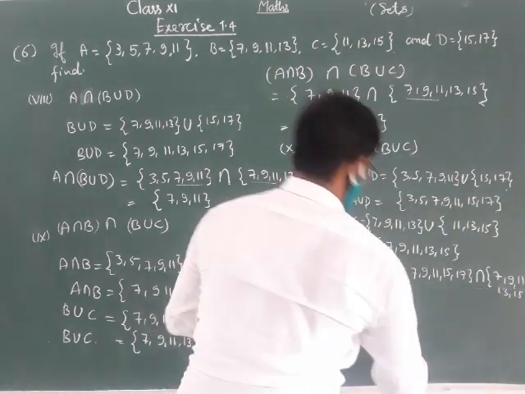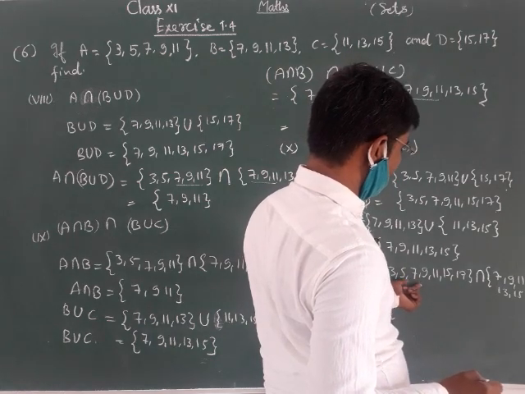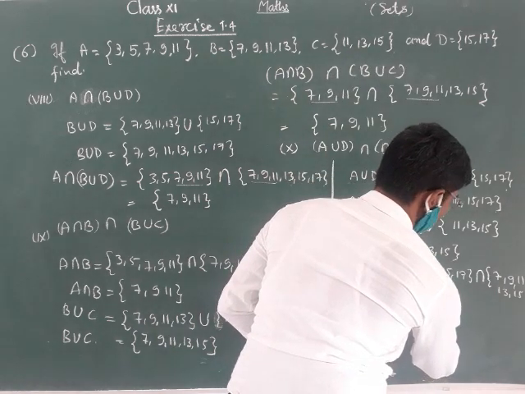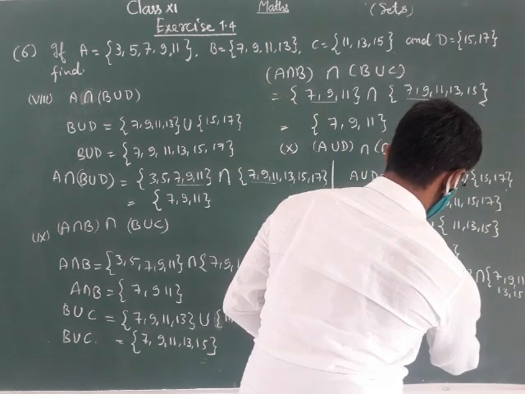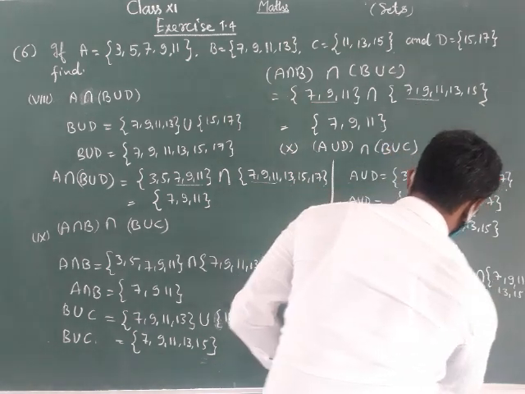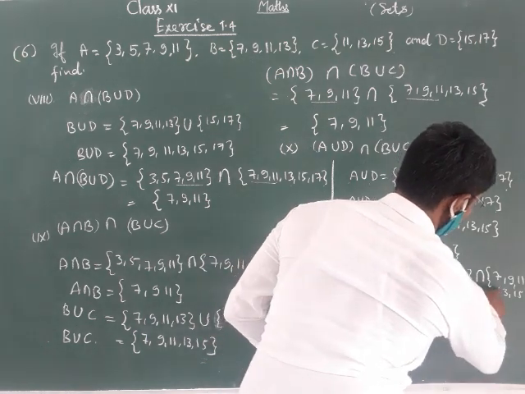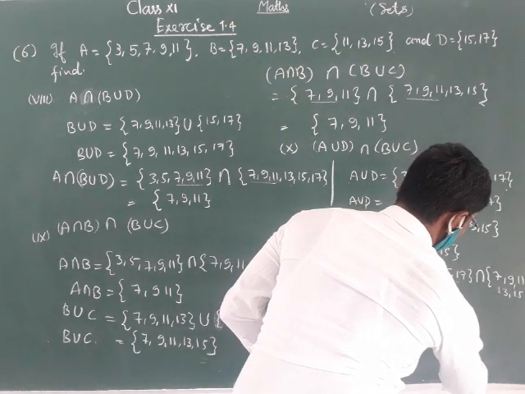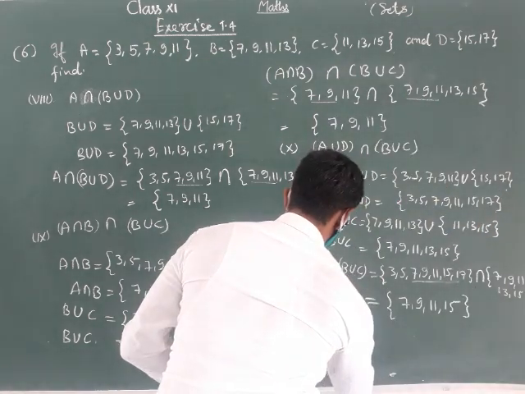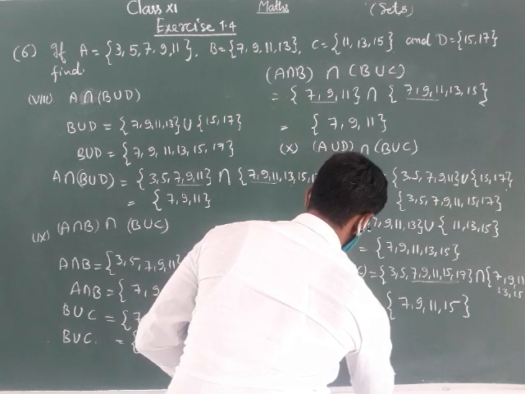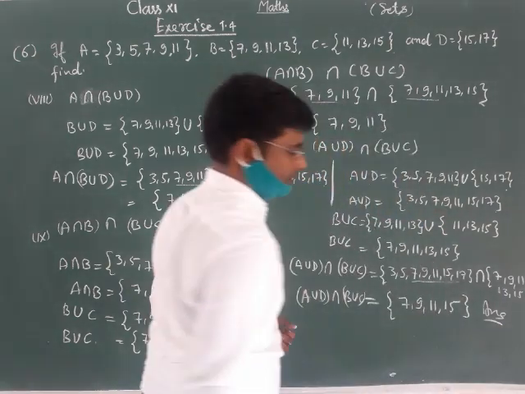So only the common elements are taken: 7, 9, 11 and 15. This is A union D intersection B union C. This is the answer.